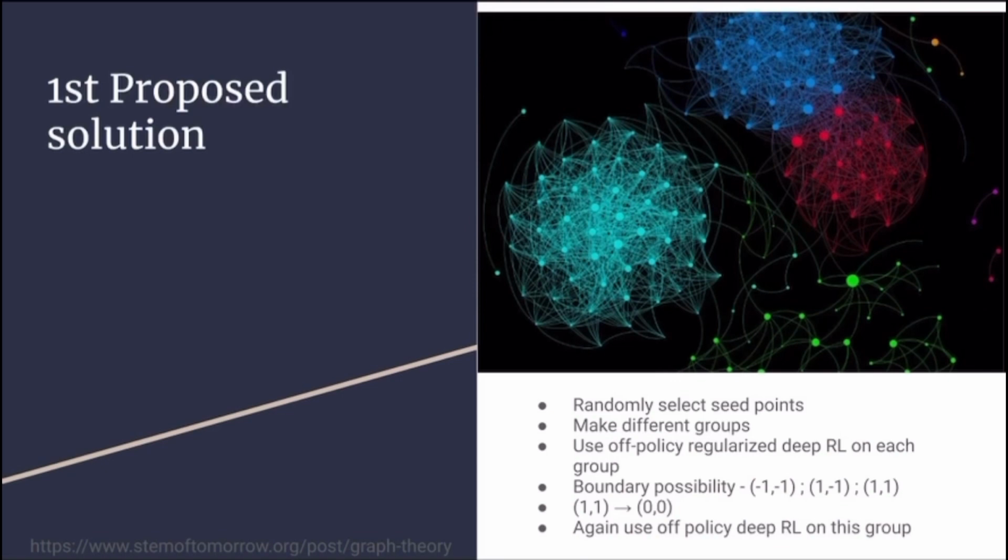So once that is done, the superset of all these groups, we are going to take the union of all the groups and the union of that boundary point group as our maximum independent set. So this is our first proposed solution.